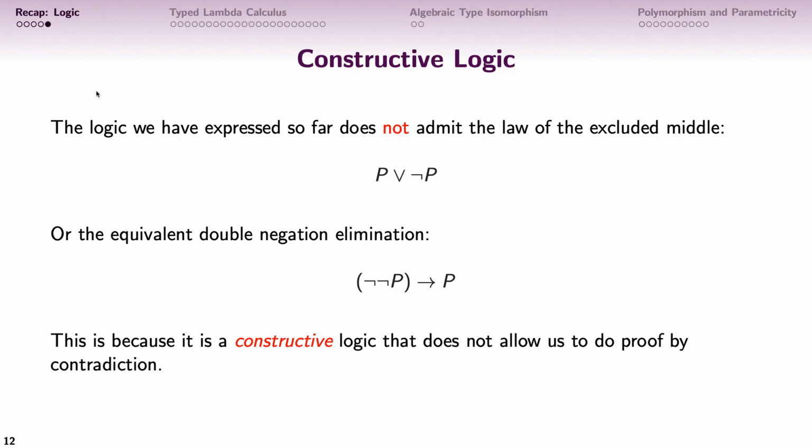The reason we care about this is, in computer science, we like algorithms. We like our properties to be computable. So in a constructive logic, every proposition that you define, it's not necessarily decidable whether or not the property is true, but if you have a proof of the existence of something, that means you have an algorithm to compute what that thing is.